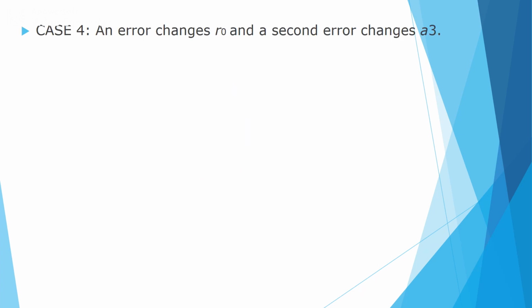Case 4. An error changes R0 and a second error changes A3. We know that the data word is 1011 and the code word generated from this data word is 10111. Now A3 is changed, that is instead of 1, 0 is received, and the parity bit is also modified.